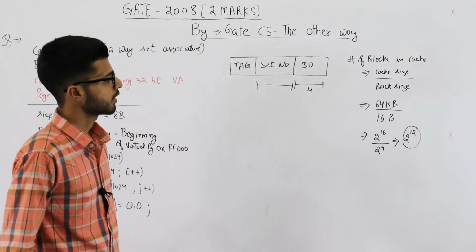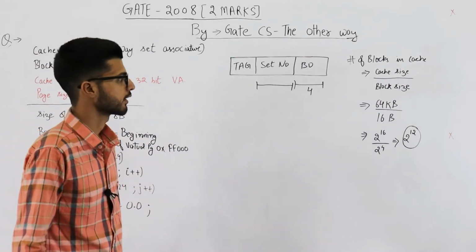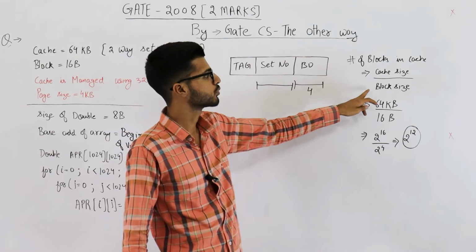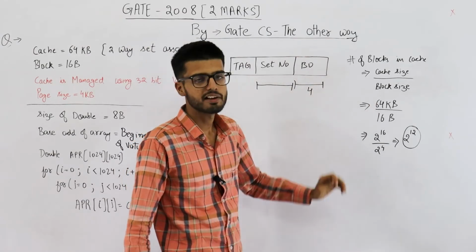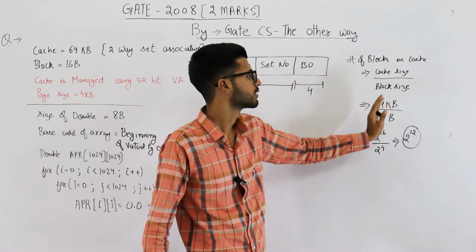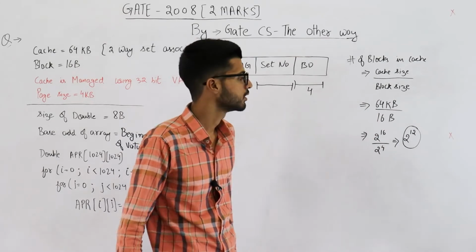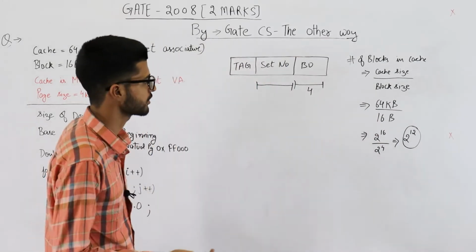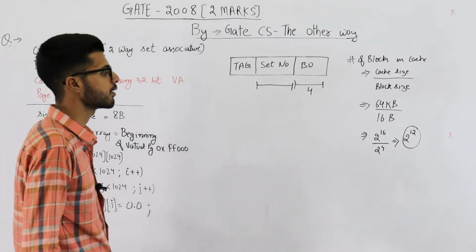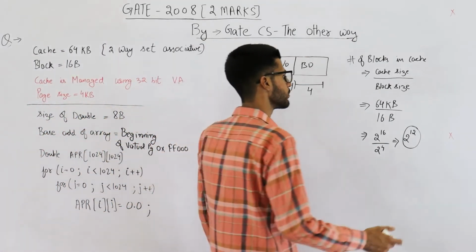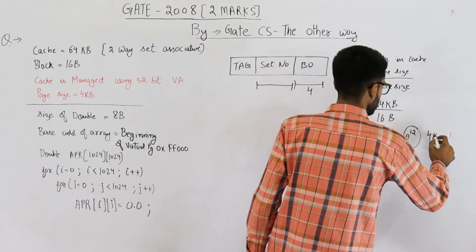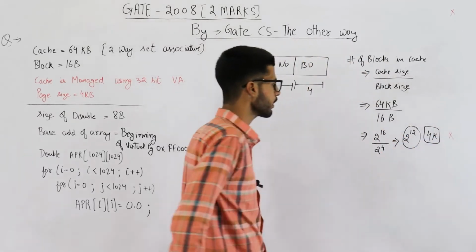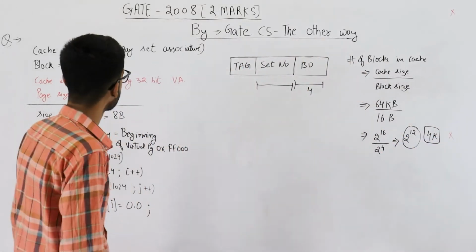The number of blocks in the cache will be cache size by block size, 64 KB divided by 16 B. So you are left with 2 raised to the power 12 cache blocks. That means you have 4K blocks in the cache.